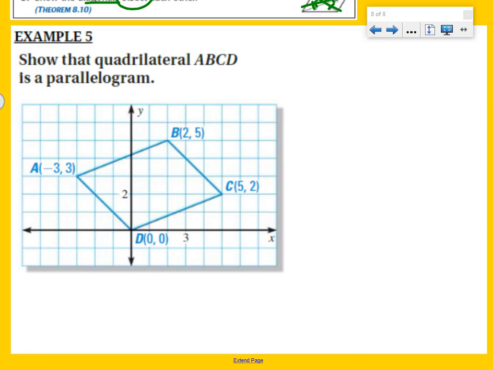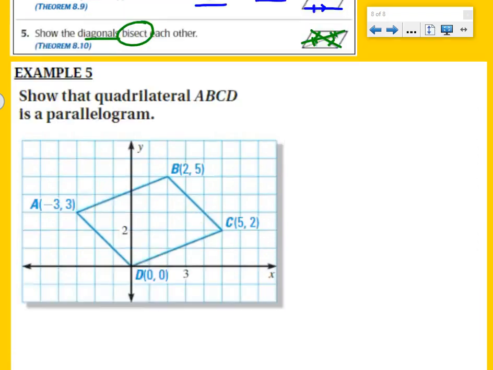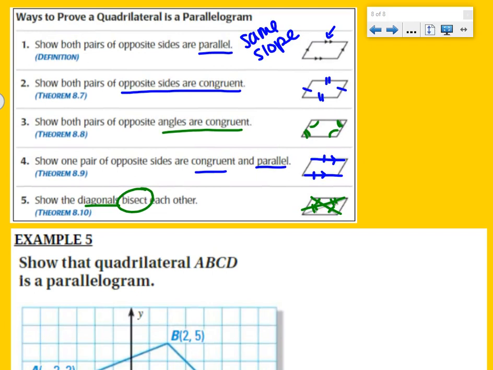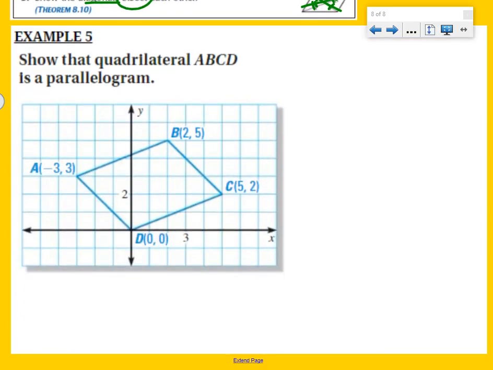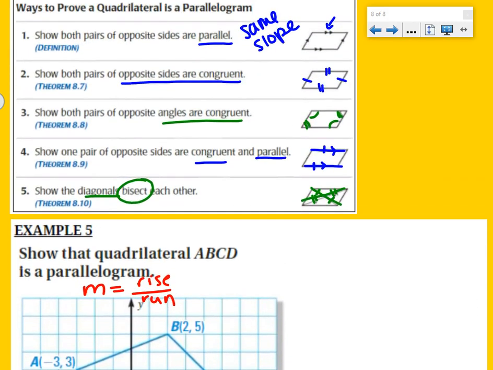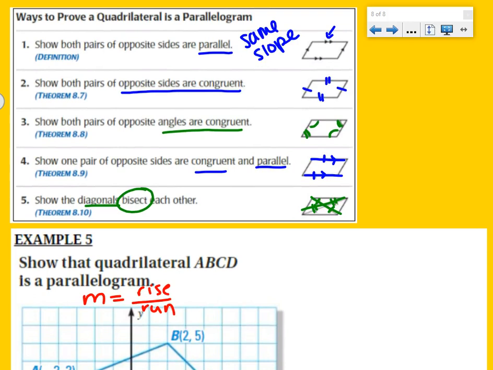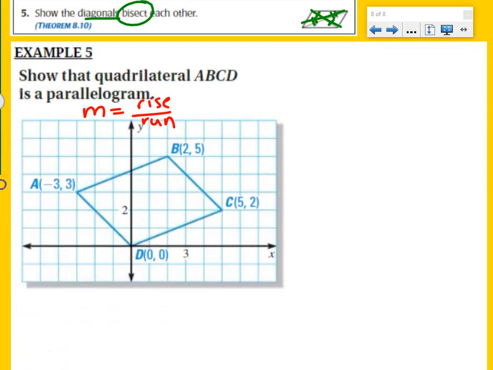So if we look, we could use the definition. We could show that both pairs of opposite sides are parallel because we're working with a graph. We could find the slopes of all the sides using rise over run. And we could show that opposite sides are parallel. We could show that opposite sides are congruent by using our distance formula.